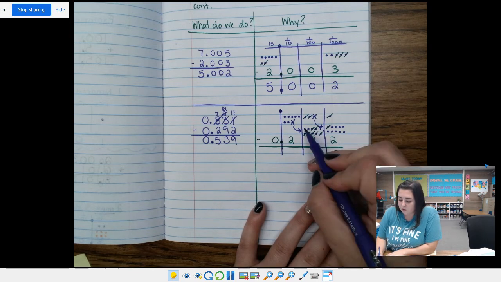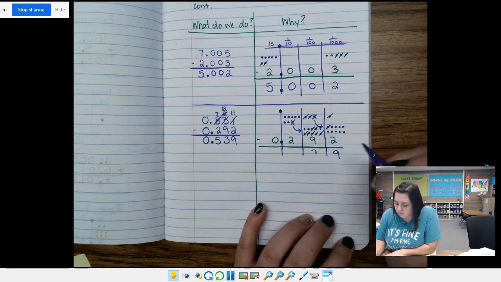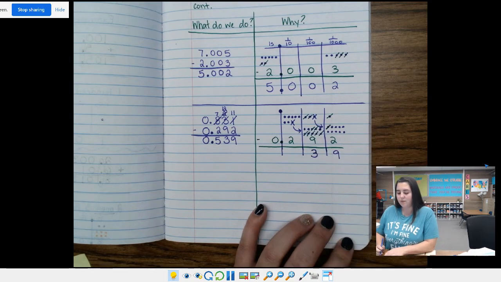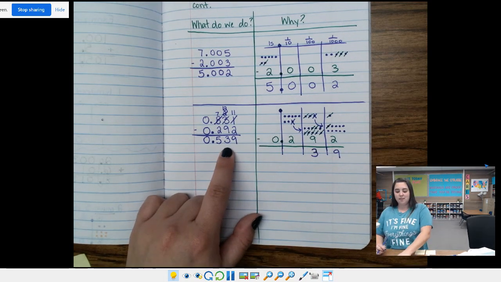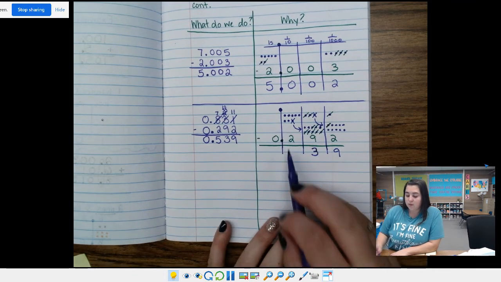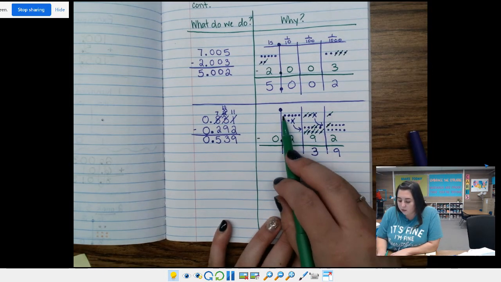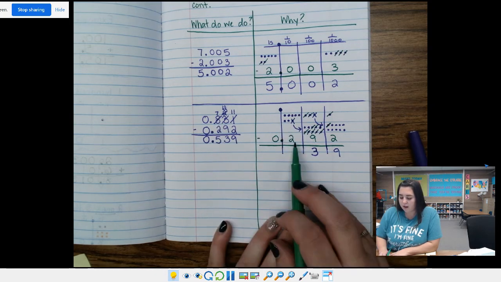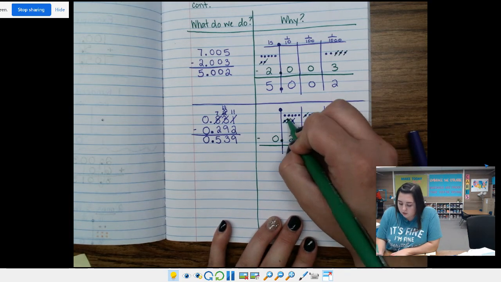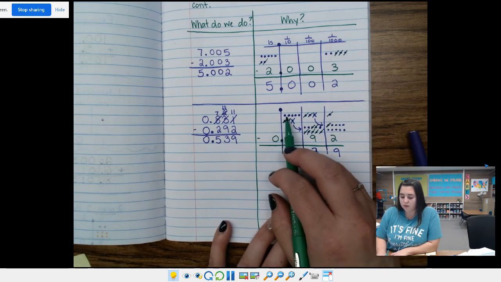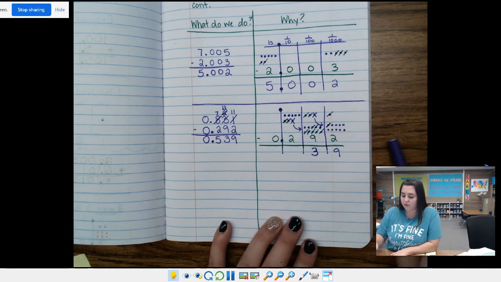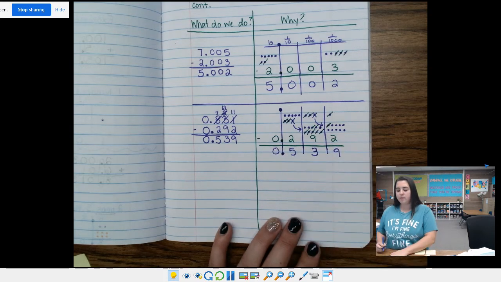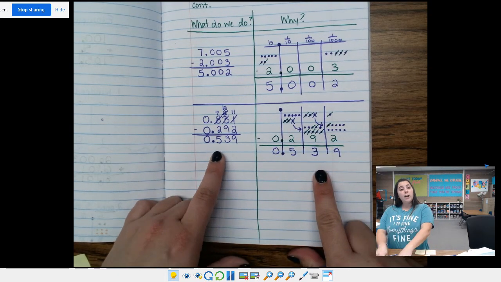That leaves me with 3 left over, which is what I had over here. And now this one's nice. Right now I have 1, 2, 3, 4, 5, 6, 7 left. I need to take away 2 of them. 1, 2. That leaves me with 1, 2, 3, 4, 5, and nothing over there. So that's why we regroup.